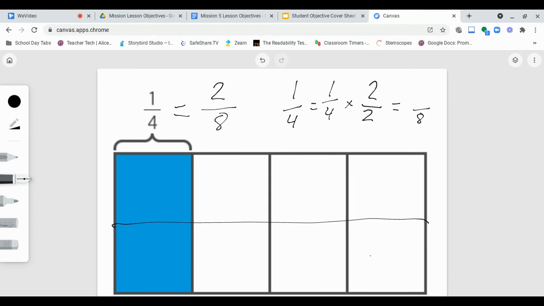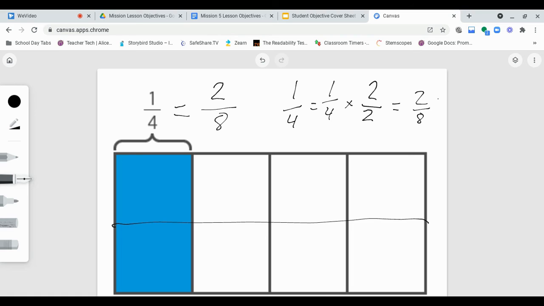And I know I'm going to multiply it by 2 because I made this into 2 rows. I also know that 4 times 2 is 8. And for my numerator, I have to multiply by 2 as well. What's 1 times 2? Well, 1 times 2 is 2, right? So I just used multiplication to show that 1/4 is equal to 2 eighths.